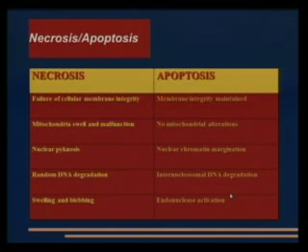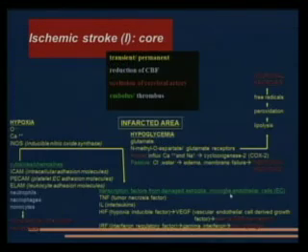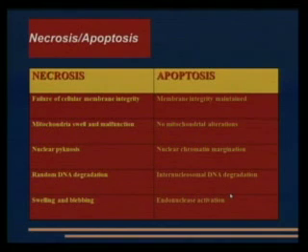Okay, so we have two different pathways. One is necrosis, that is the core of the infarct, and the second is apoptosis, the pathophysiology in the penumbra. So the penumbra can be recovered because you have to stop the process of apoptosis.